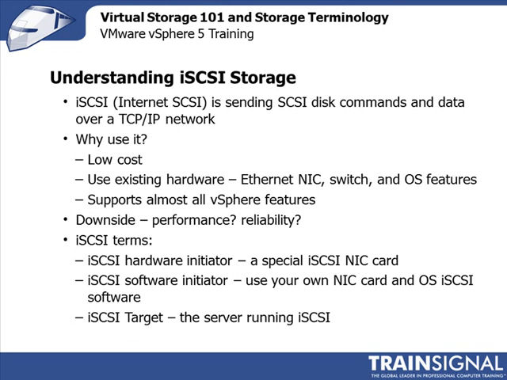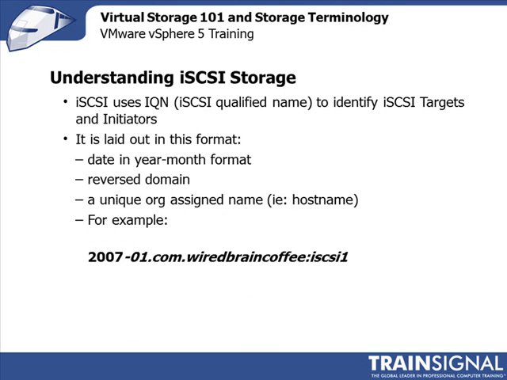With an iSCSI software initiator, you're turning your existing NIC card into a multifunctional NIC card, where you're using it for your regular IP traffic, but you're also using it to transfer some of your data traffic. Not my favorite thing in the world, but it's also an available option for you. Your iSCSI target is the server that's running iSCSI. That's typically where the storage is, so that's what we mean by an iSCSI target here.